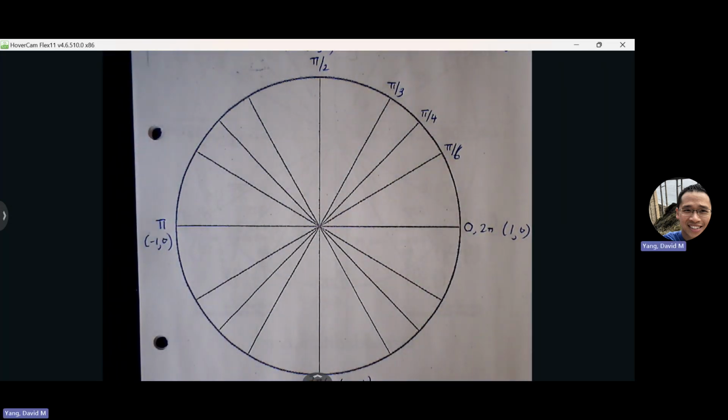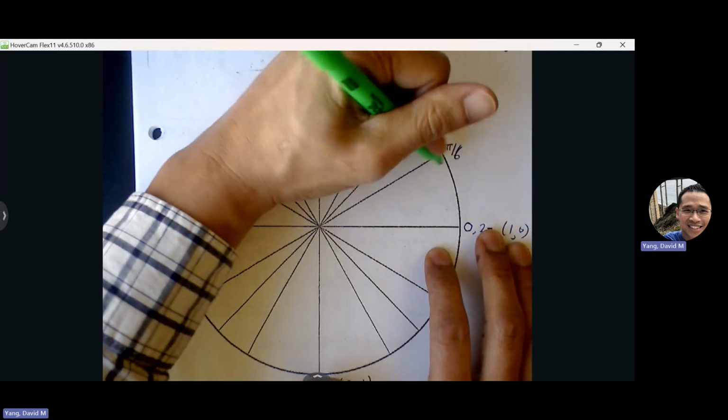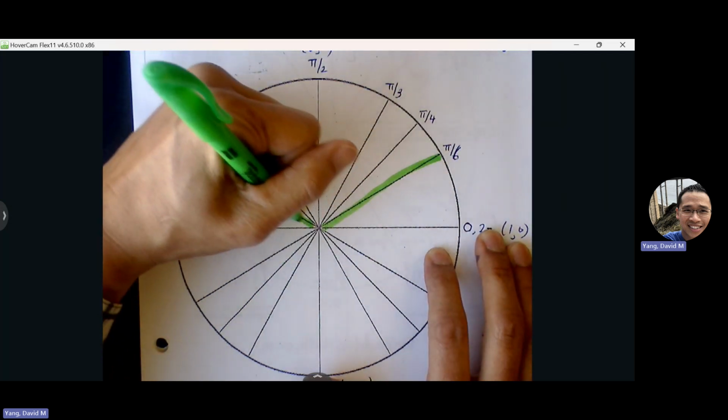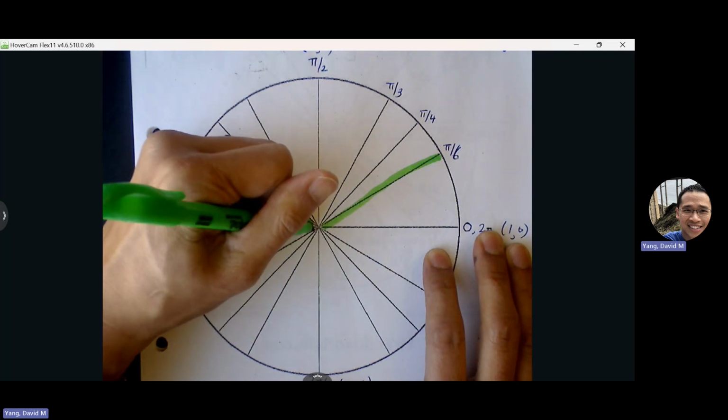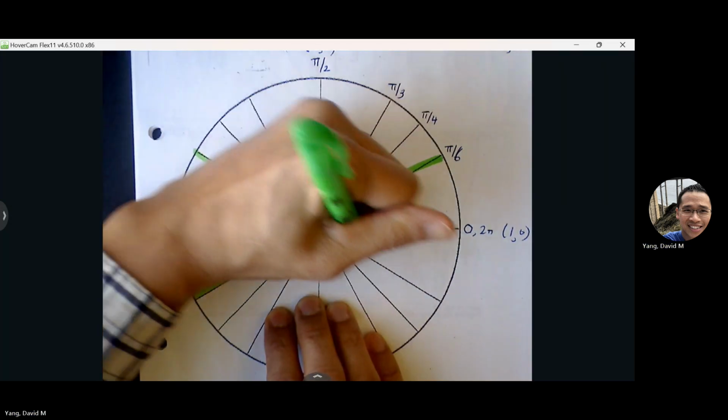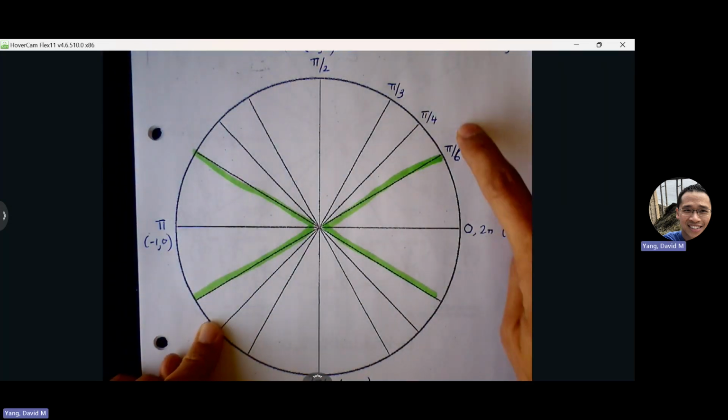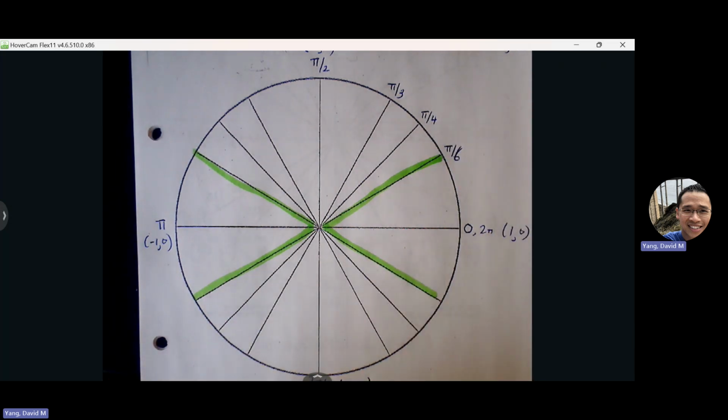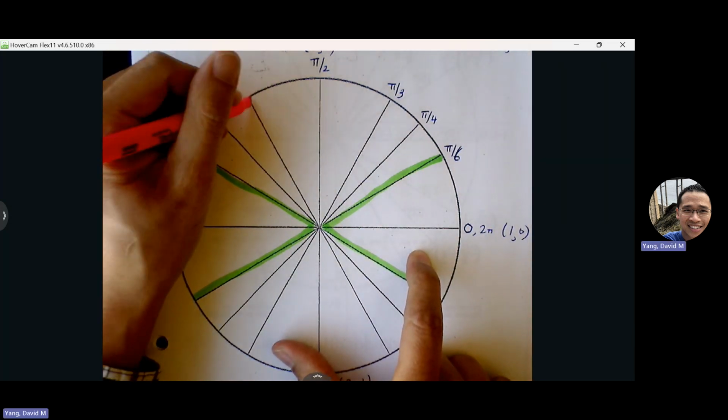Okay, so to fill out the rest of the unit circle, let's start with the radian measures first. Basically, anything that is closest to the x-axis will all have a 6 in the denominator. Anything in the middle will all have 4 in the denominator. Anything that's furthest away from the x-axis will all have 3s in the denominator.